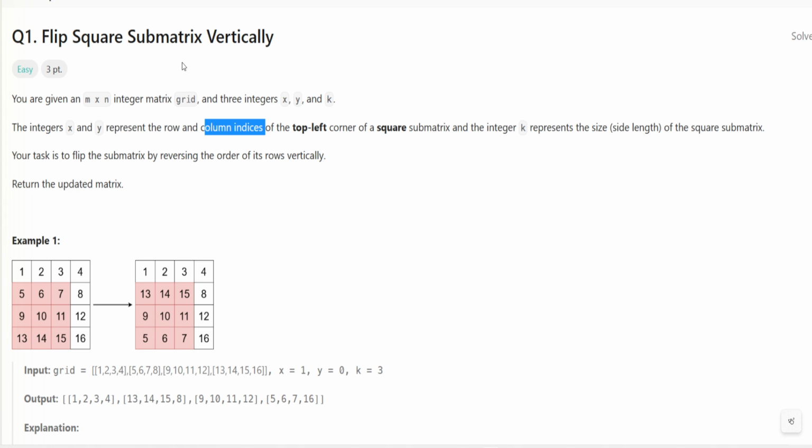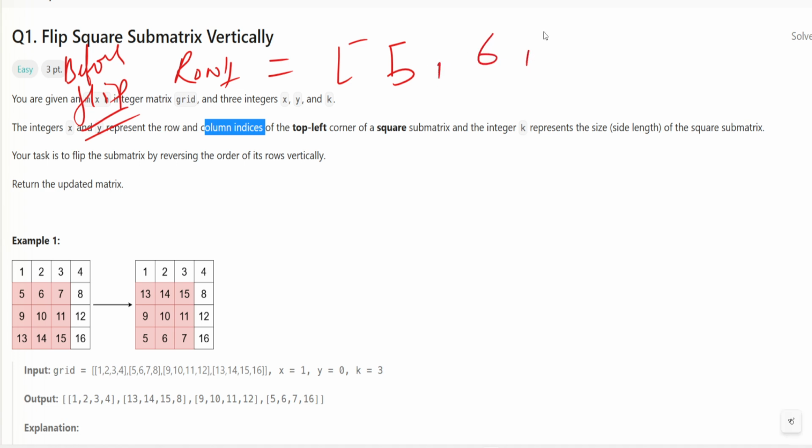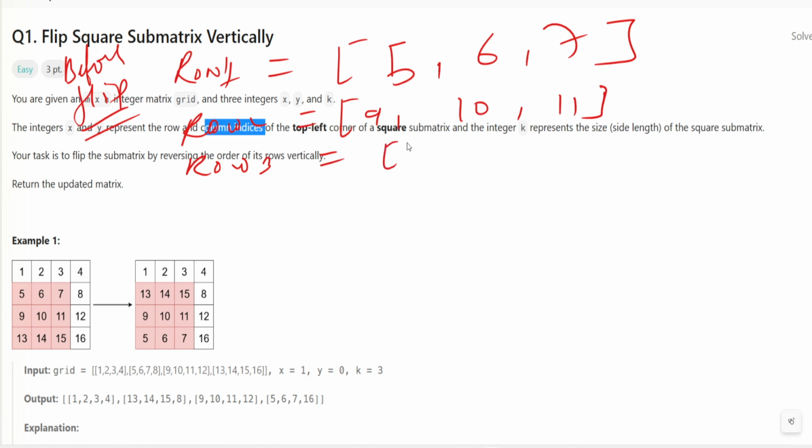Row 1 we have 5, 6 and 7. At row 2 we have 9, 10 and 11. And row 3 we have 13, 14 and 15. So these are the rows we are given.